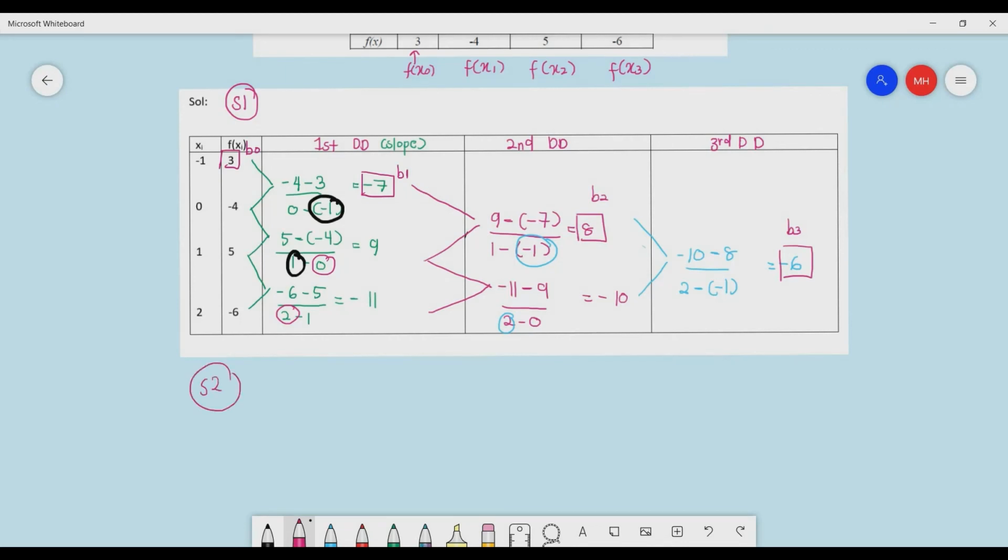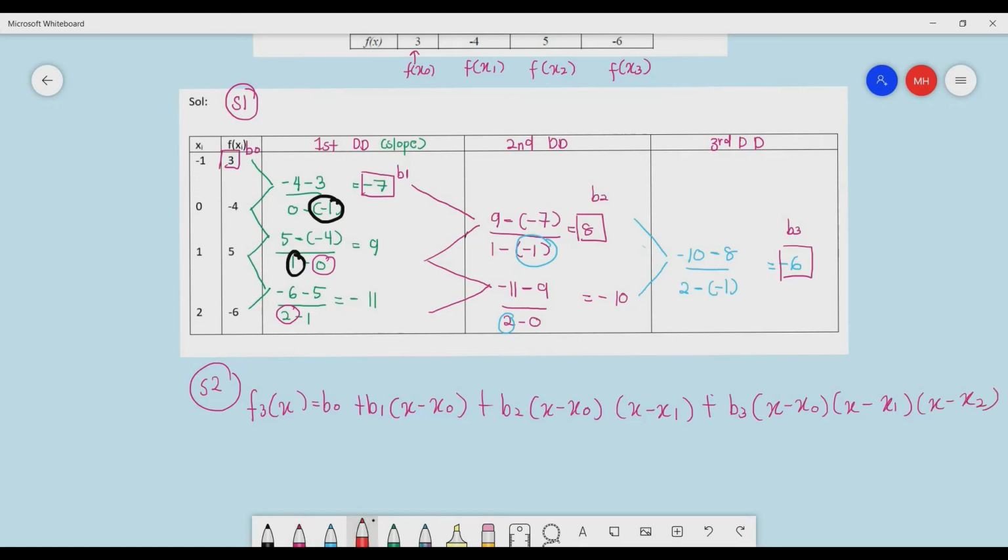So step number 2, for the third order, f3(x) will be b0, plus b1 (x minus x0), and then plus b2 (x minus x0) multiply (x minus x1), and then plus b3 (x minus x0), and then (x minus x1) multiply (x minus x2).